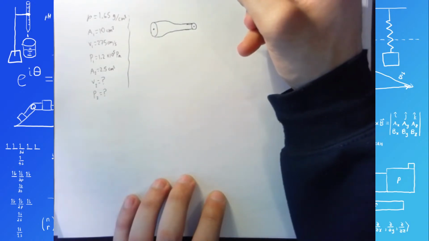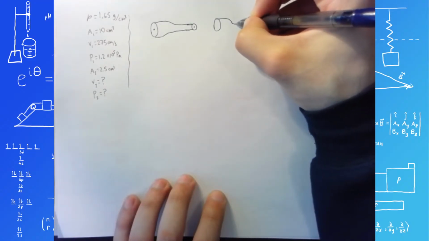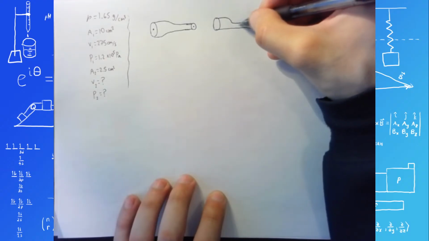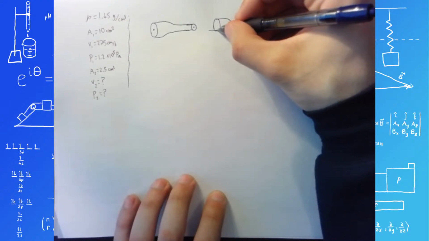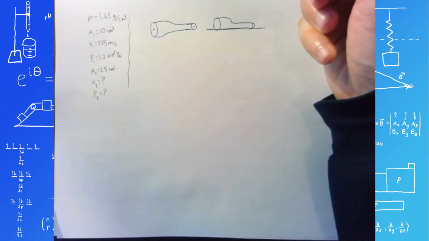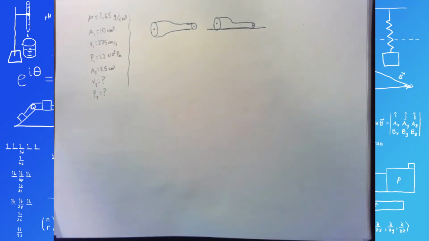I guess the way it would actually be drawn would be more like this, with the smaller section sitting on whatever surface this pipe is laid on. That's probably the better way to think about it. But either way, them telling us that they're two horizontal sections of tubing is your hint that there is no height difference you need to take into account when using the Bernoulli equation.